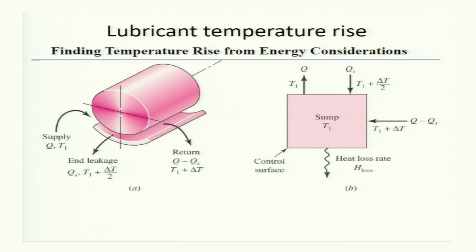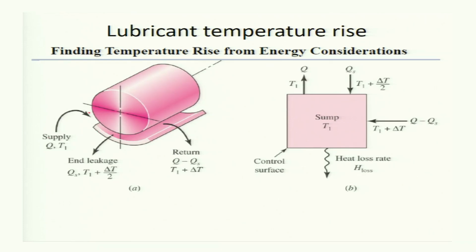Now the lubricant temperature rise. We know that in the sliding contact bearing, due to sliding action, we do some work on the lubricant, and it raises the temperature, and that is shown here. You have a journal and the bearing.